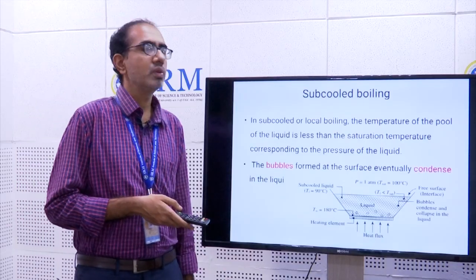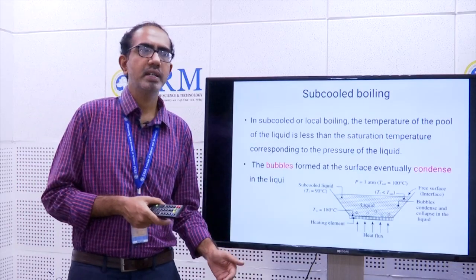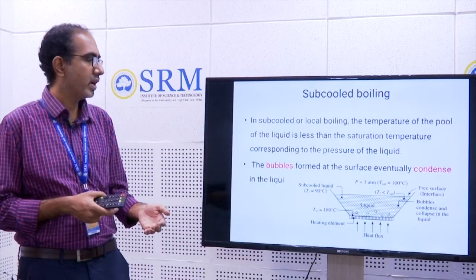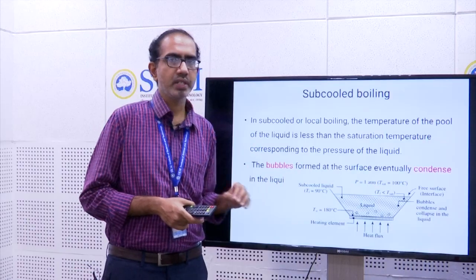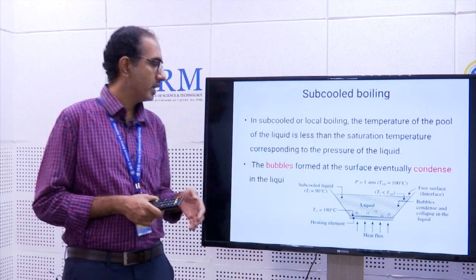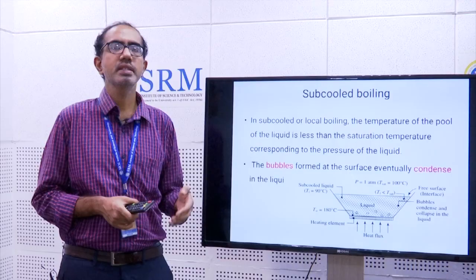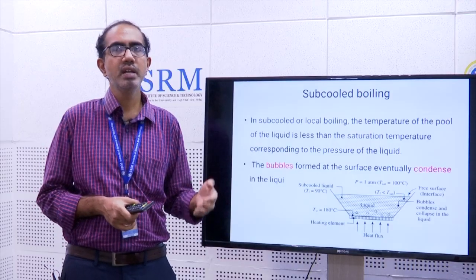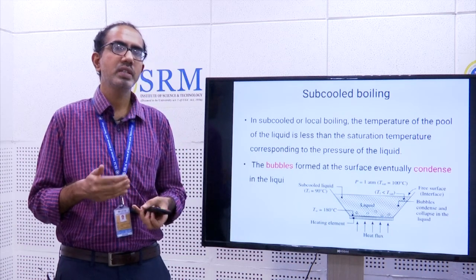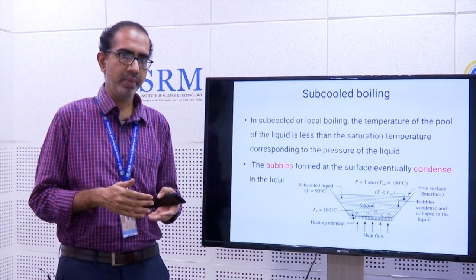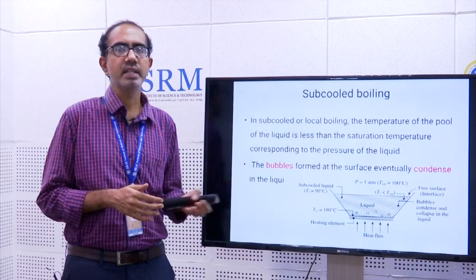Then we have subcooled boiling. How can we explain subcooled boiling? We have a wall temperature and we have a saturation temperature. Let us take the wall temperature as 180 degrees Celsius. The saturation temperature is 100 degrees Celsius. We have water. If the water temperature is less than the saturation temperature, in the figure it is given as 90 degrees Celsius.